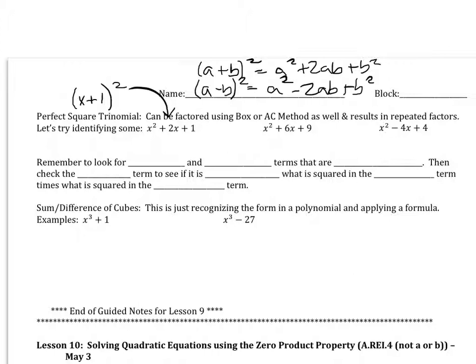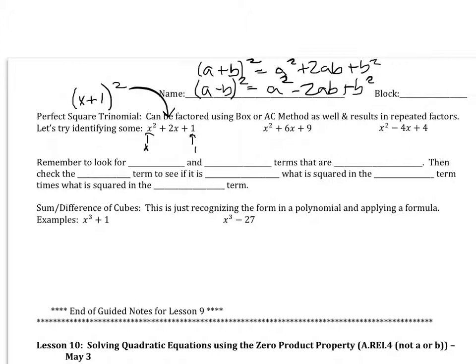So when we have a minus sign in the binomial that's squared, we're going to have a minus sign for our middle term as well. But that last term is always positive. So when we're looking to factor this, we have to identify what's squared in the first term. Well, that's x. What's squared in the last term? That's 1.